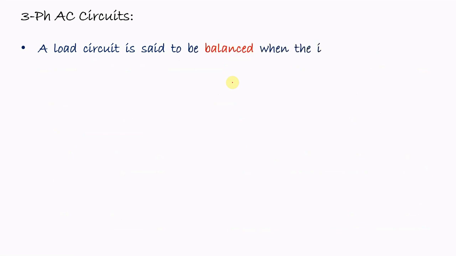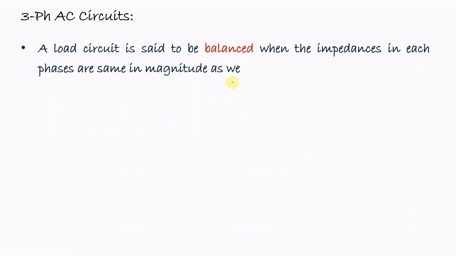Similarly, on the load side, a load circuit will be considered balanced when the impedance in each phase is the same in magnitude as well as in phase. That means the impedances of the three phases will be exactly equal in terms of resistance and reactance.